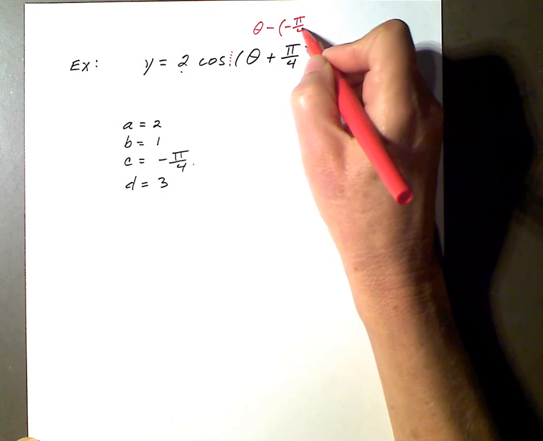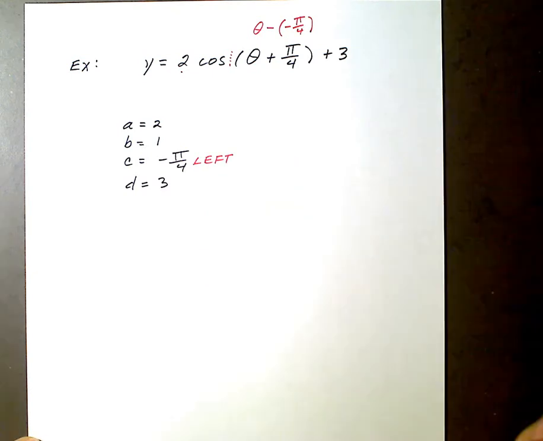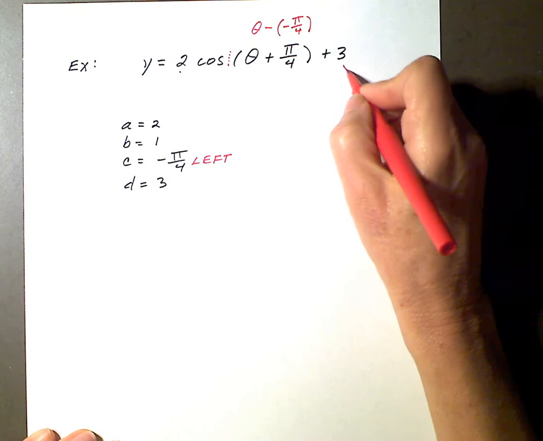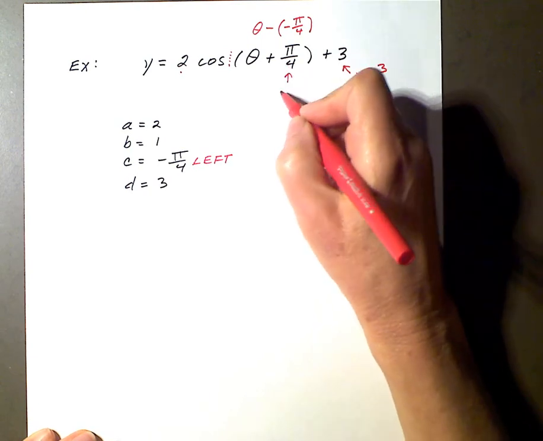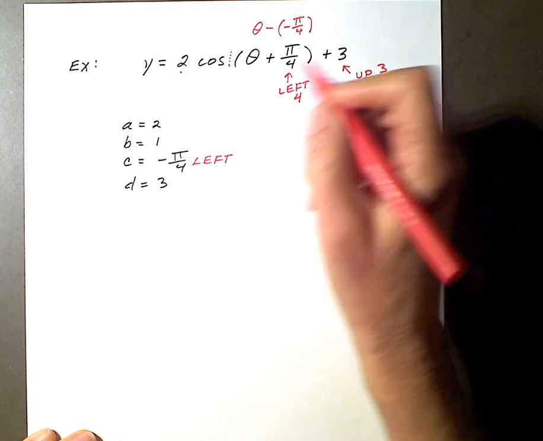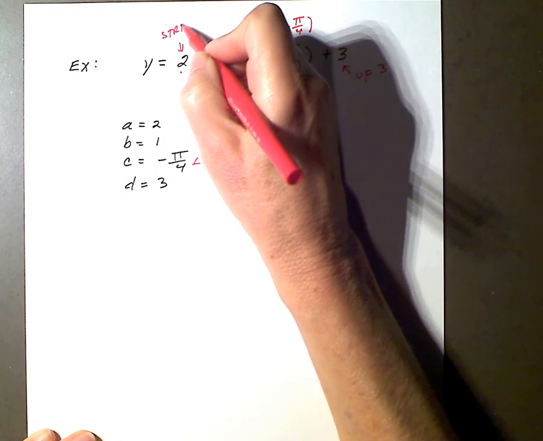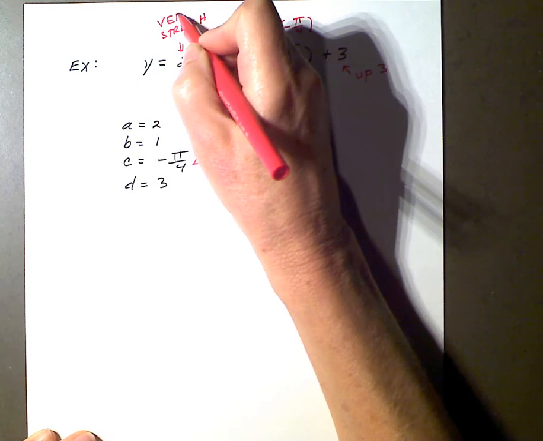So that tells me that this is going to shift it left. And then D is positive 3, so this shifts the function up 3. This shifts it left by pi over 4 units. And this stretches it vertically, so a vertical stretch by 2.